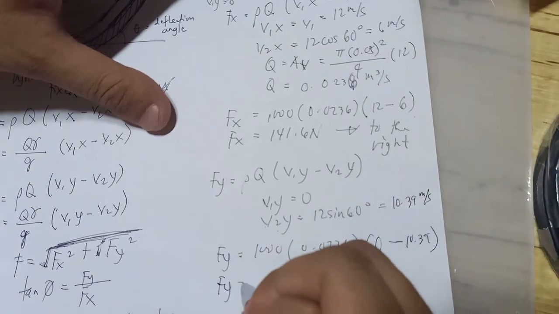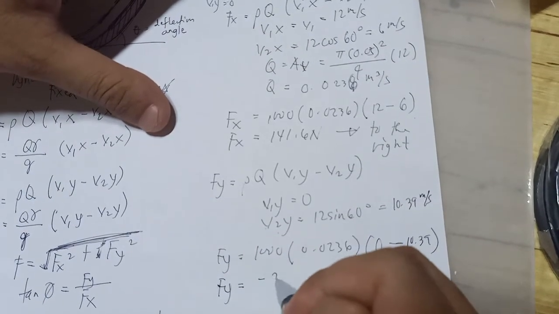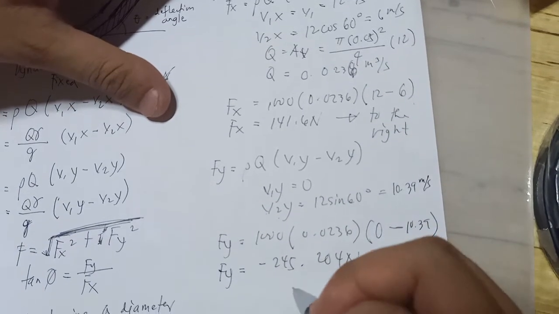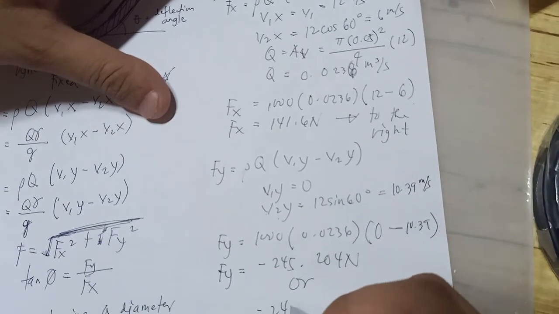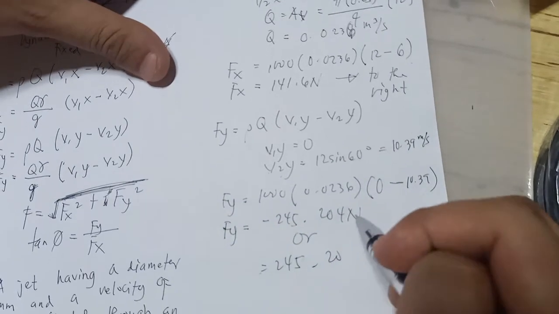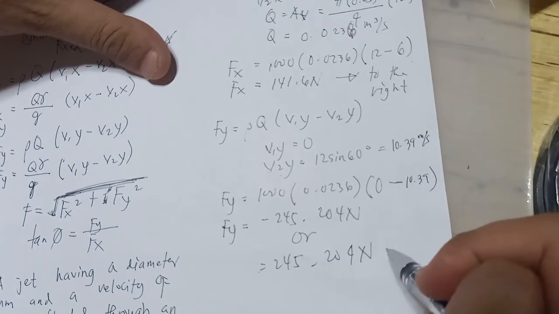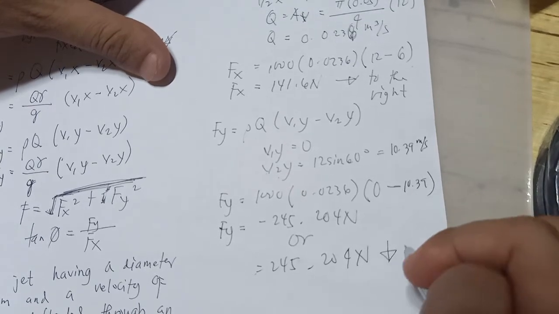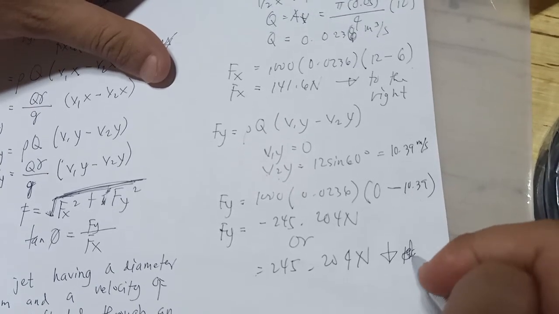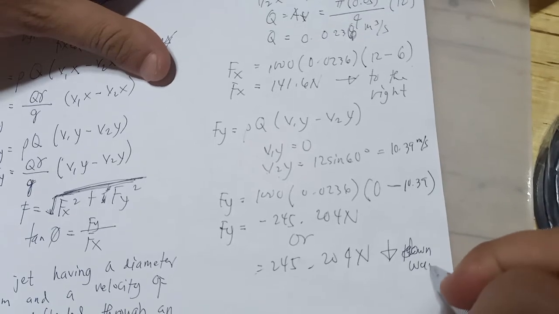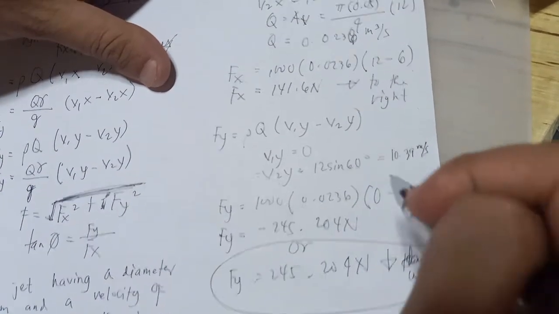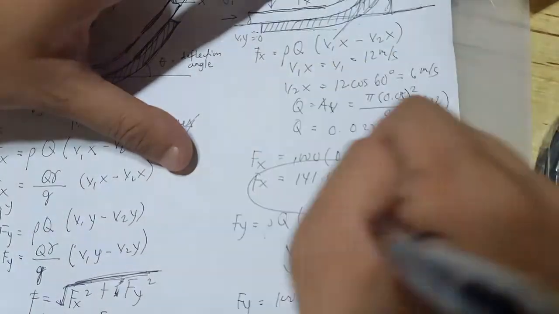So our Fy is negative 245.204 Newtons, or simply 245.204 Newtons downward. So these are the answers.